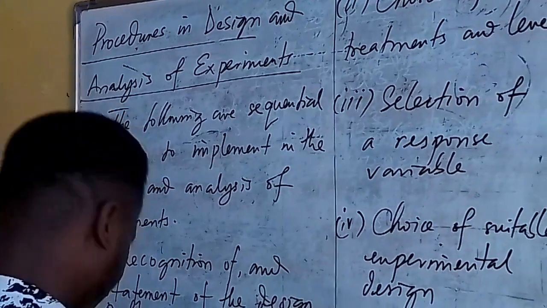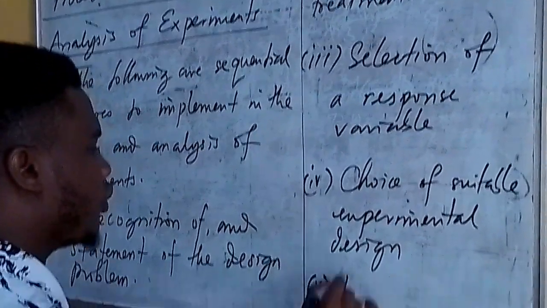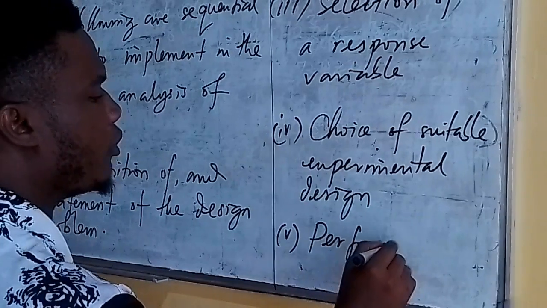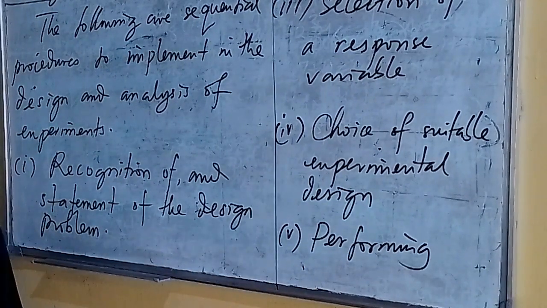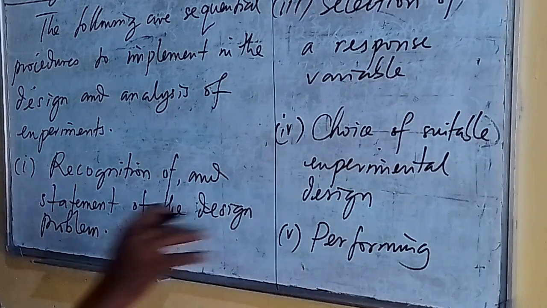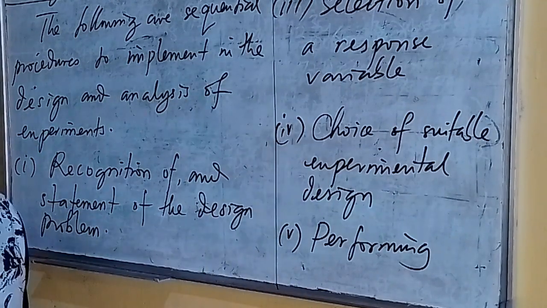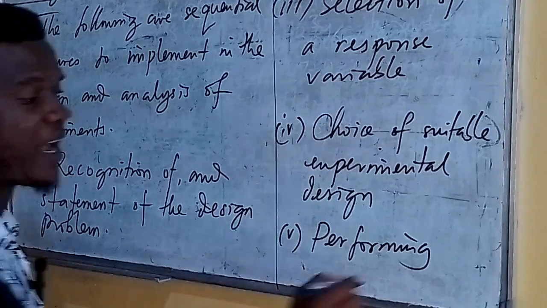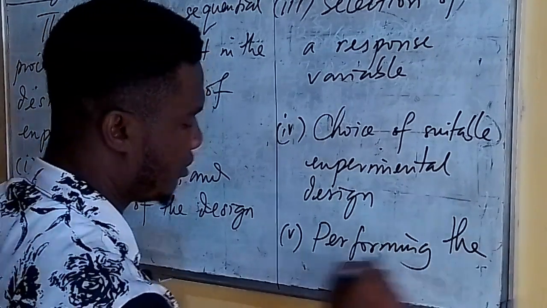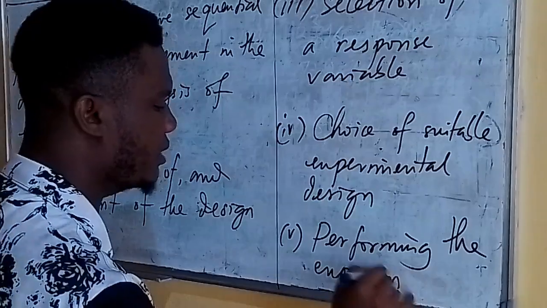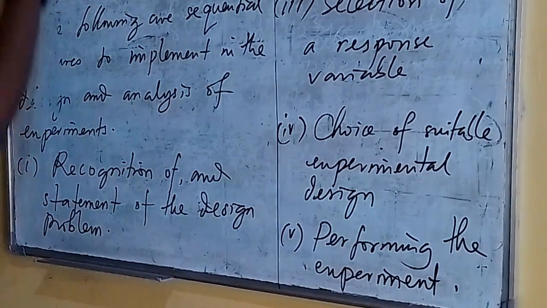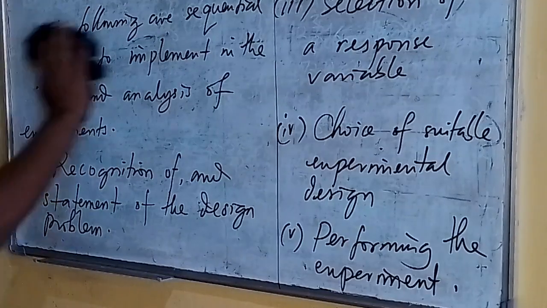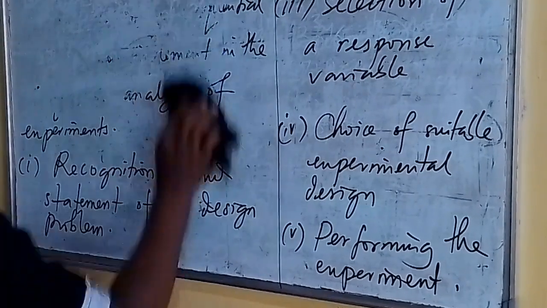Number 5. Once you are able to choose the suitable experimental design, the design will help you know how to get your data, and once you can choose a suitable design, then you can perform what? The experiment. So step 5 requires you to do what? Performing the experiment. So step 6, once you are done performing the experiment, what next?